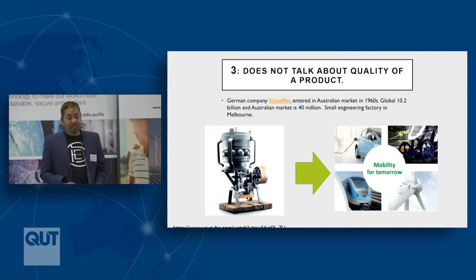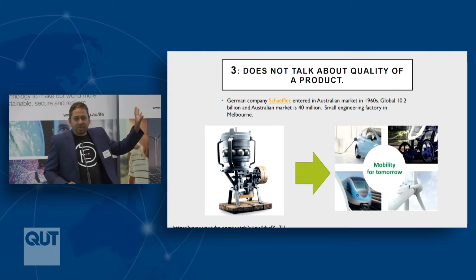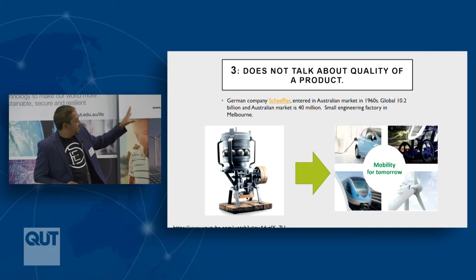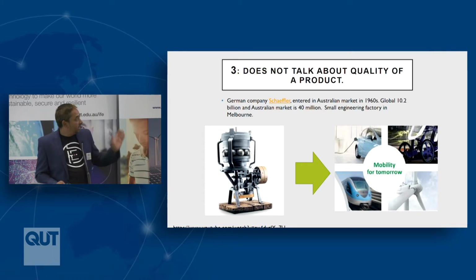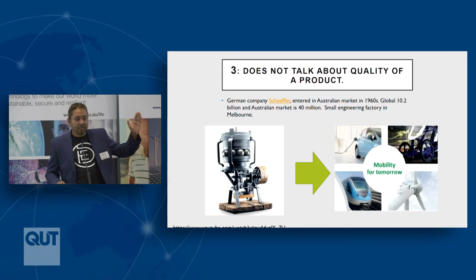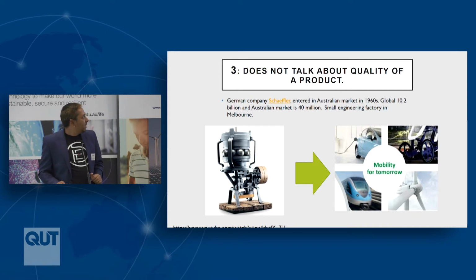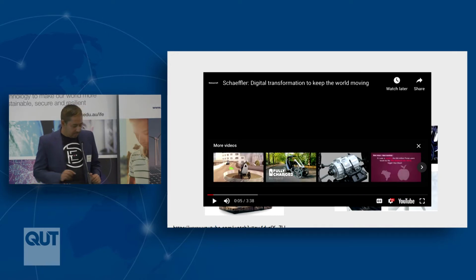Schaeffler has subsidiaries in over 50 countries of the world, and they are a very big exporter. About 50 years back, they started with a product which is purely non-digital, and then they moved to a product which is purely digital. Let's see if the video works.